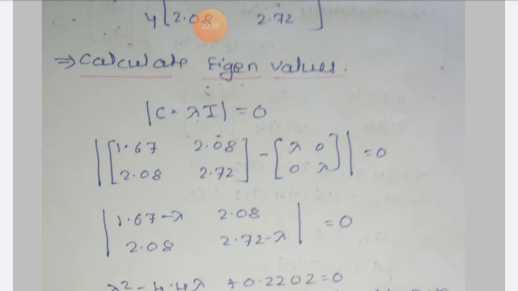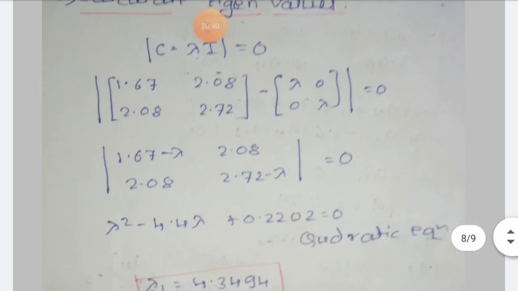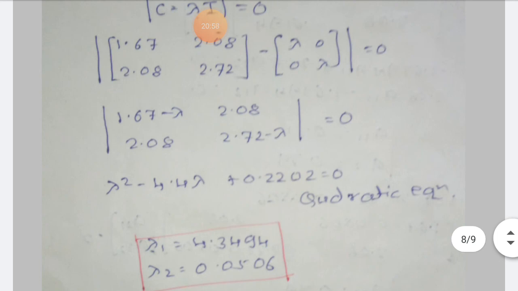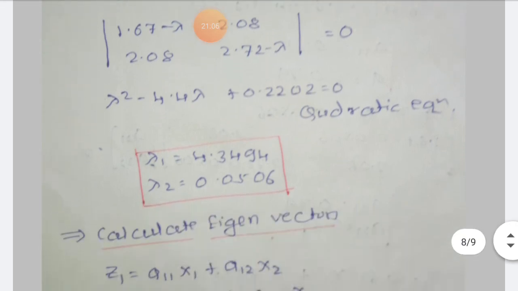After solving this, I am getting the quadratic equation lambda square minus 4.4 lambda plus 0.2202 is equal to 0. After solving this quadratic equation, I am getting two lambdas. Lambda 1 is equal to 4.3494 and lambda 2 is equal to 0.0506.